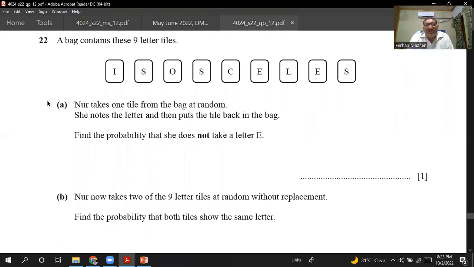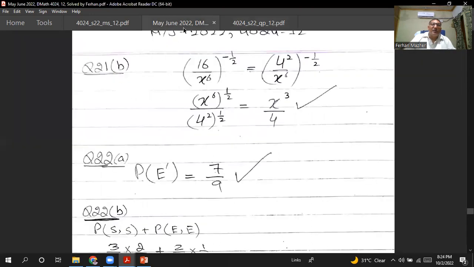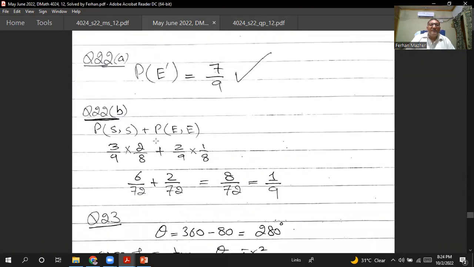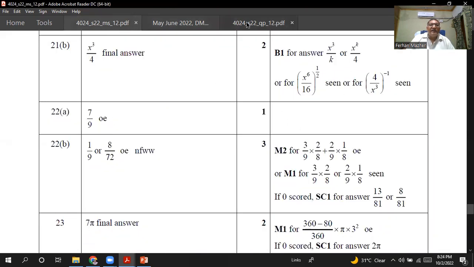Find the probability that she does not take a letter E. So how many times do you have E? There are 9 tiles, and the E is 2 times. For not taking an E, the probability will be 7 by 9. 7 by 9 is the right answer.